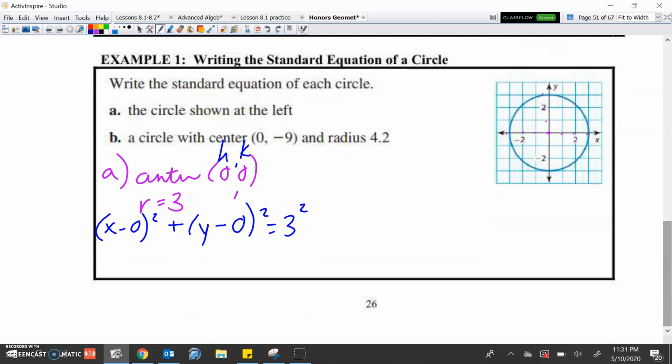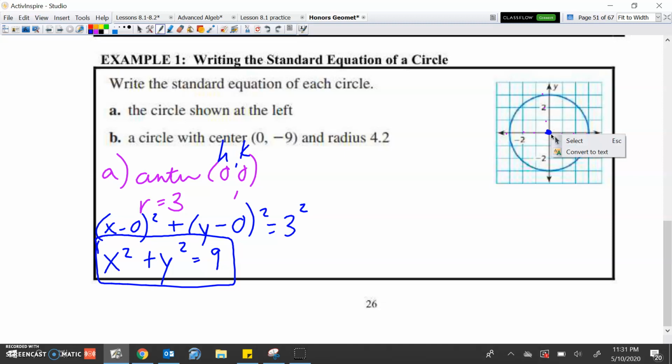Simplifying that, I get x squared plus y squared equals 9. And that's the equation of this circle. You've got it. Now, just a little tidbit, you might be thinking, if I knew my center was 0, 0, do I have to go through this step? No, you don't. You can just jump right to the final answer. And don't forget to square your radius.